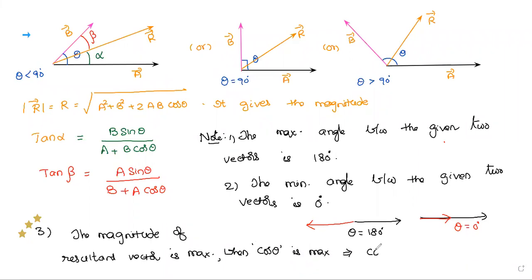That implies cos theta is equal to +1. That implies theta equals 0 degrees for us. So here the minimum angle gives the maximum resultant.